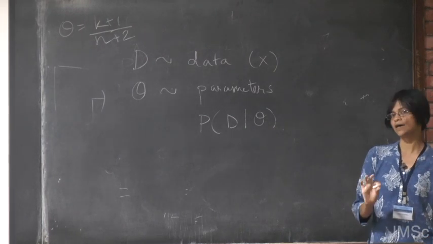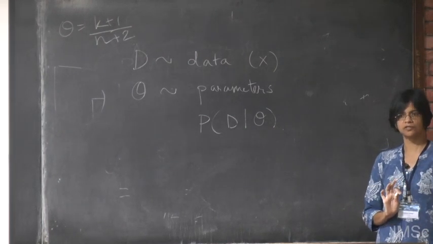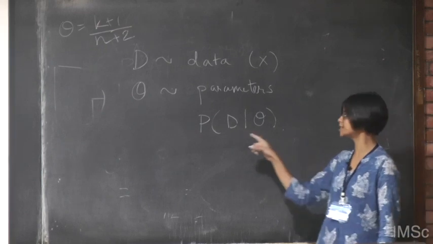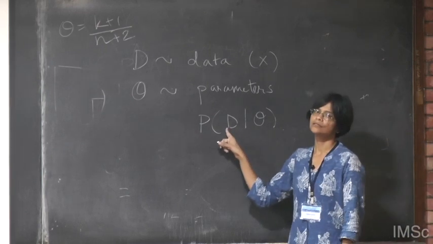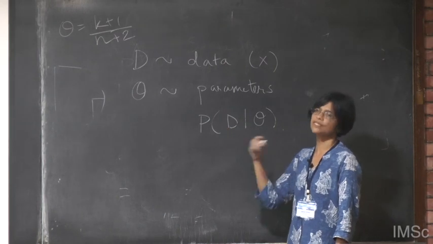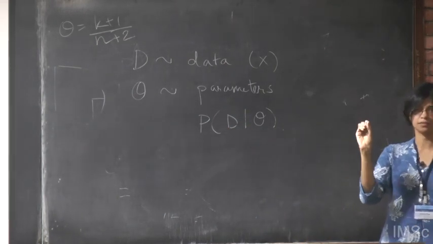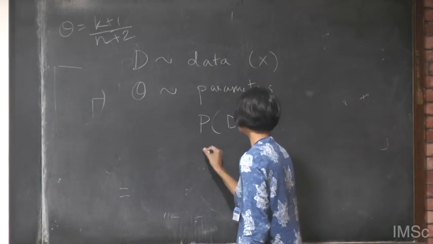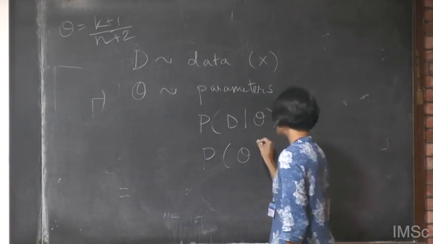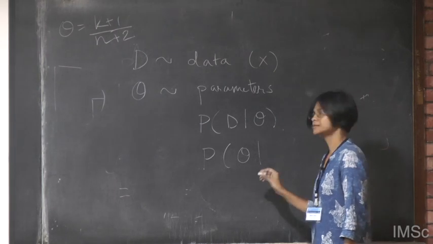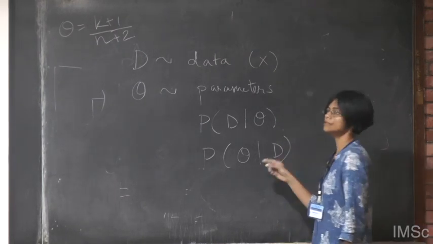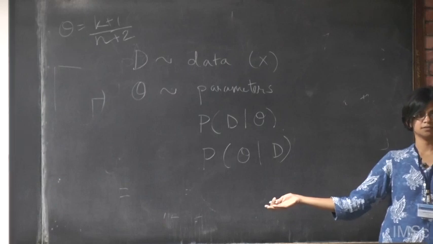Now you are saying that you have some prior knowledge about your theta, right? So instead of updating your belief about the data, you are actually updating your belief about the theta. So what you are calculating really is the probability of theta given that I have now seen all this data that you're telling me.